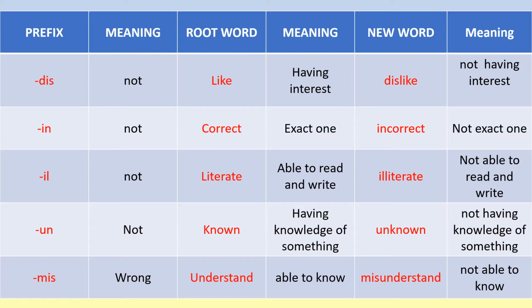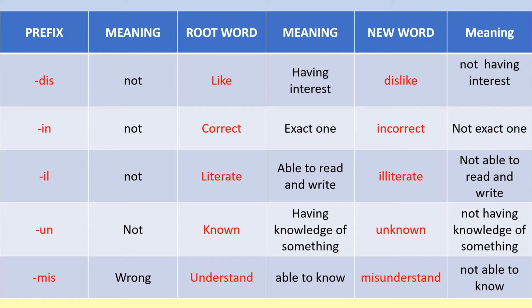In is a prefix and root word is correct. Adding these two words, the new word is incorrect. For incorrect, the meaning is not exact one. You can compare the root word meaning and also the new word meaning. Here, it is a negative meaning.